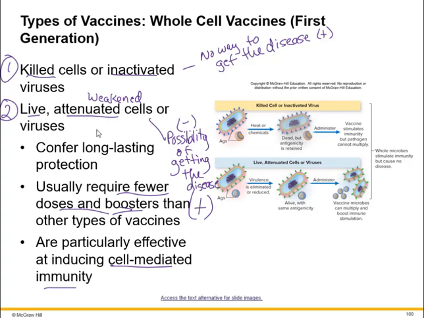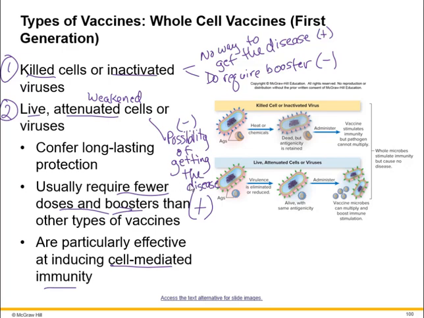But both of these do give you long-lasting protection. So the bad thing, well, not bad thing so much, but a negative for this would be that you do require boosters for this killed vaccine, because they're not able to replicate inside the host.